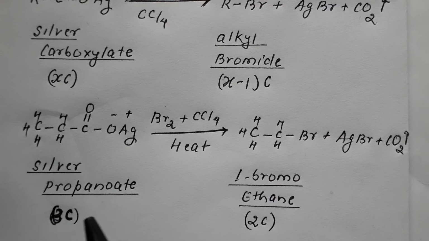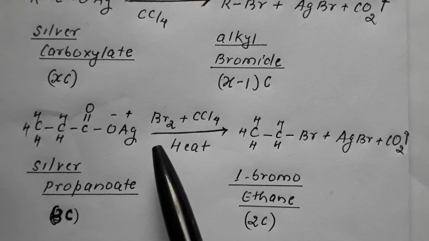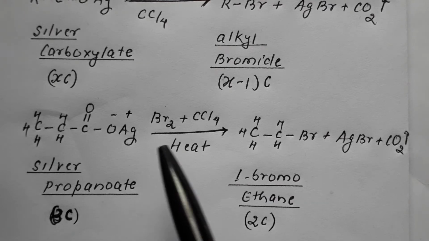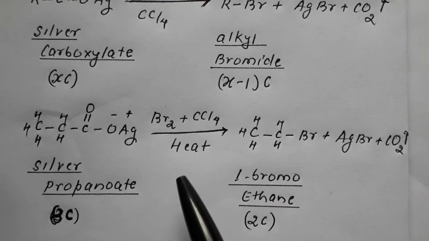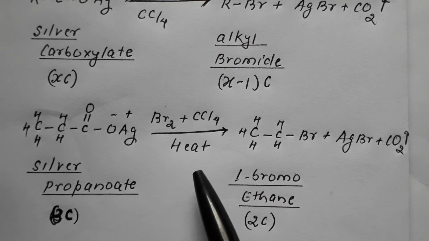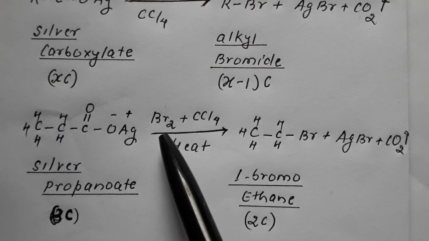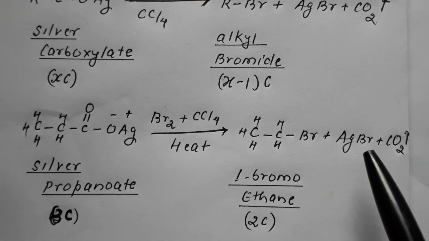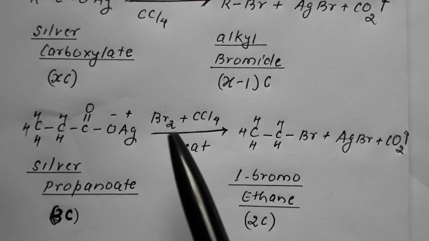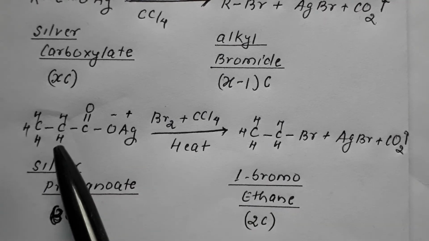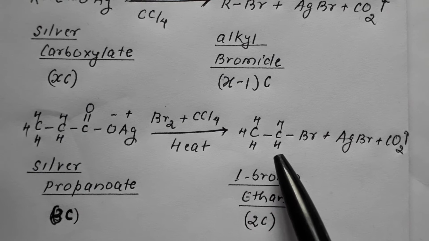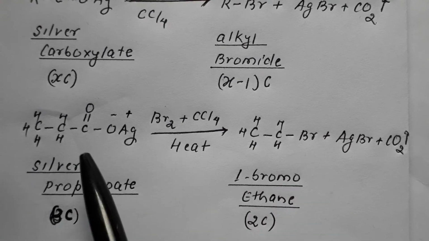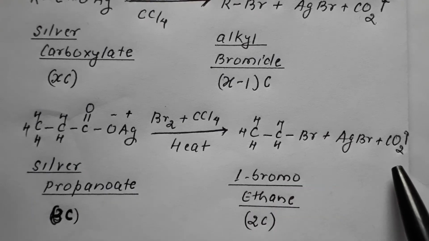When this silver propanoate is made to react with bromine in presence of carbon tetrachloride and is strongly heated, it decomposes. Once again, out of these 2 Br, 1 attaches to Ag, forming AgBr, and 1 attaches to the alkyl chain, forming CH3CH2Br, and the CO2 goes off as carbon dioxide.